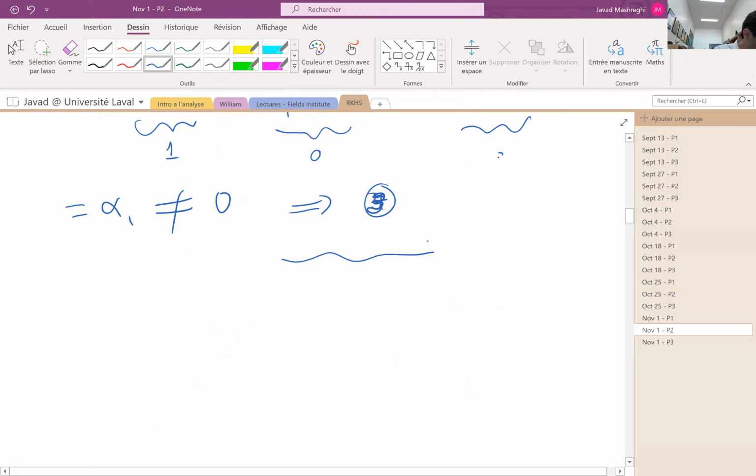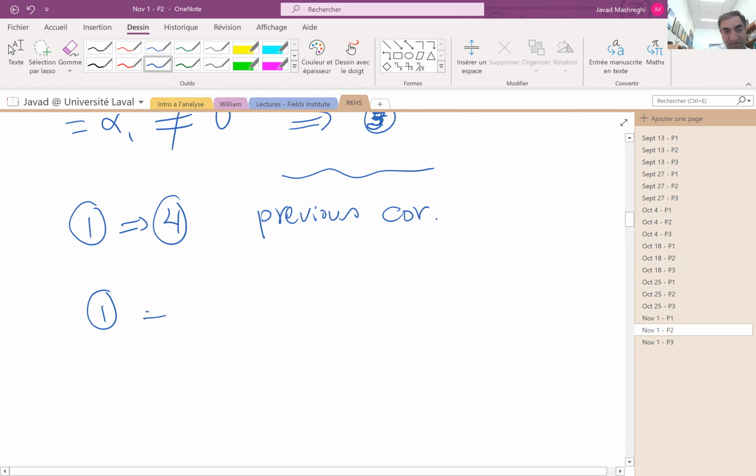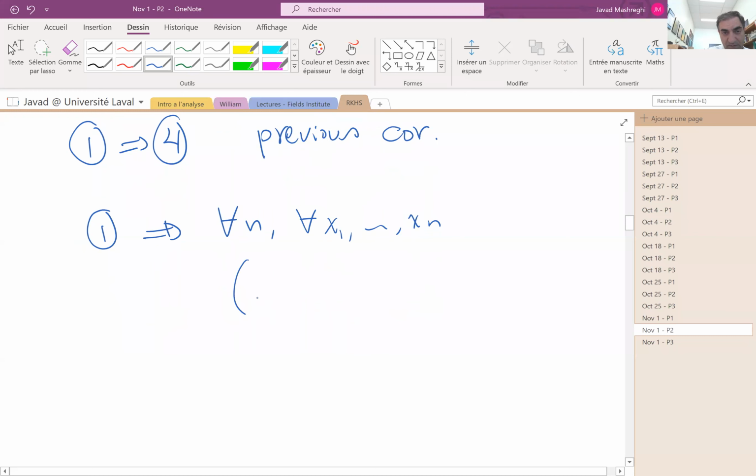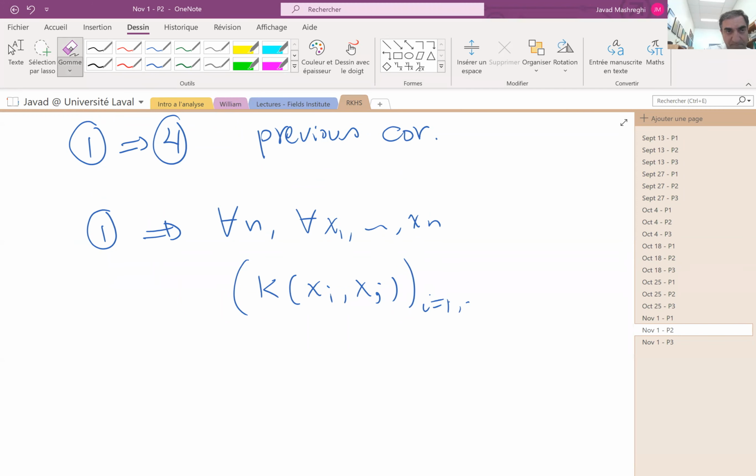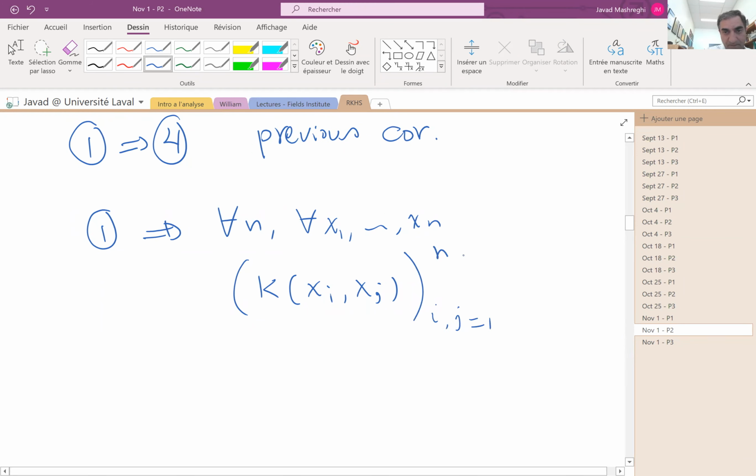And finally, why does 1 imply 4? This is based on the previous corollary. 1 means that for any n and for any x1 up to xn, the matrix of kxi, kxj is strictly positive.